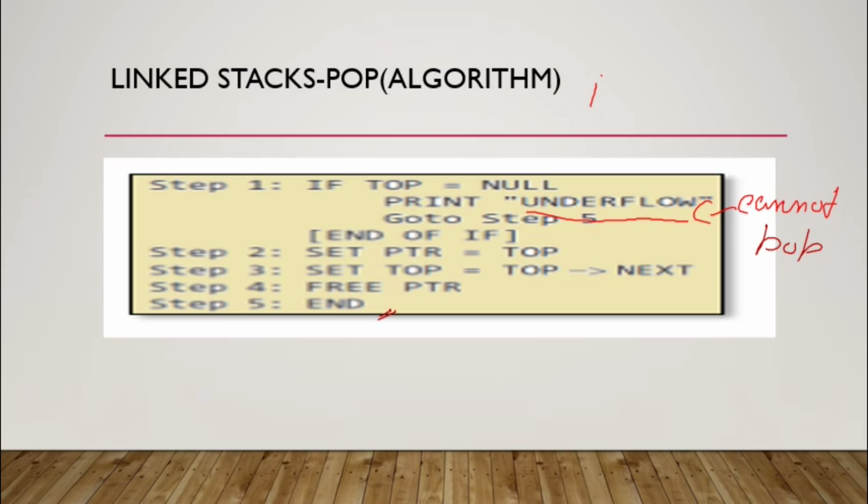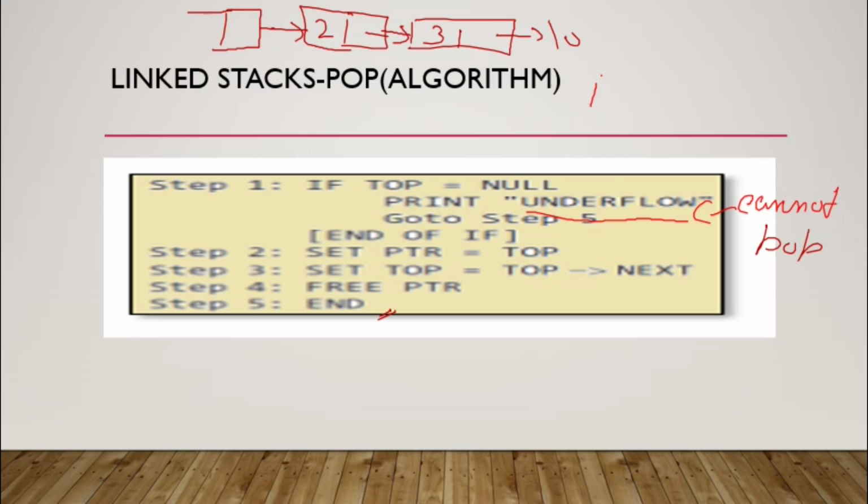If I show it in a linked list, it will be like this: 3, 2, and 1, and the last will be null. Say I'm deleting 1, and this is top.